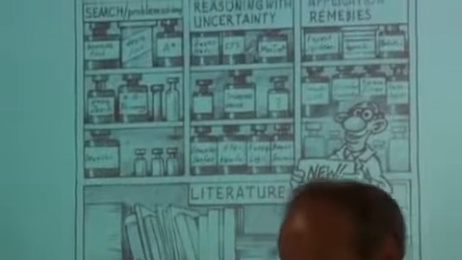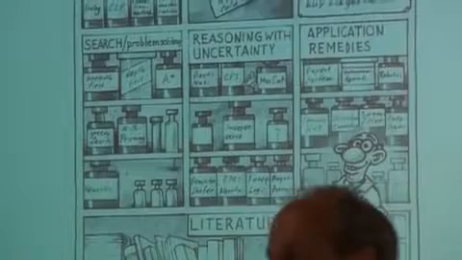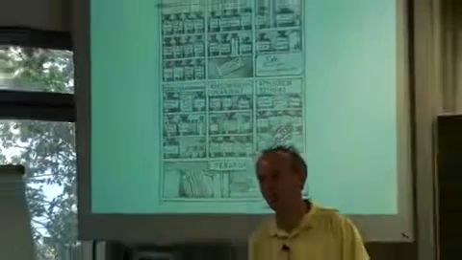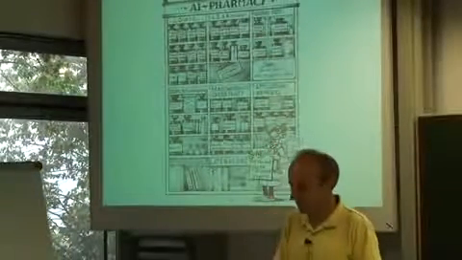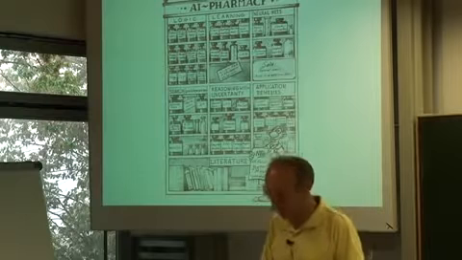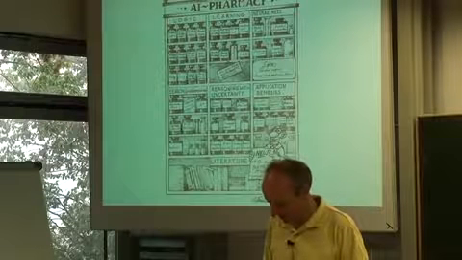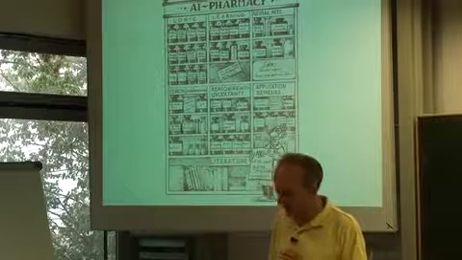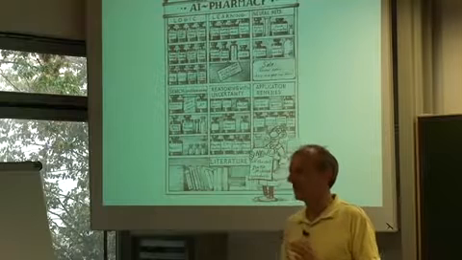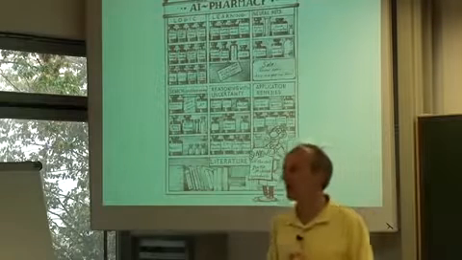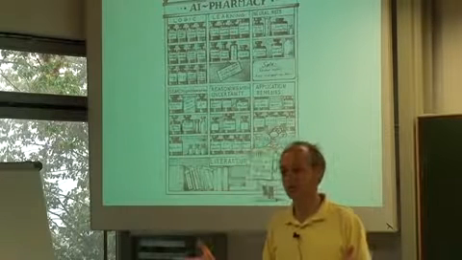So if you have a good basic knowledge of computer science and mathematics, then you have good preconditions for studying AI. But it's very important that you know about many different of these areas.